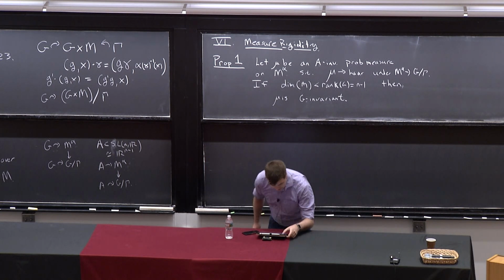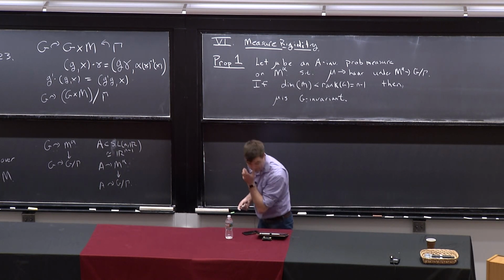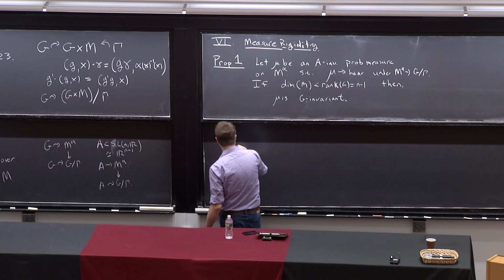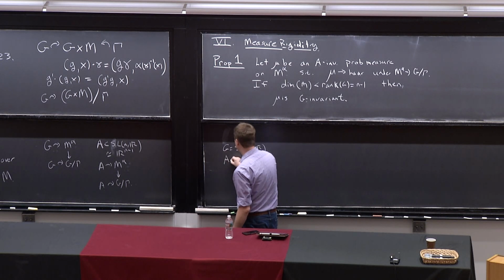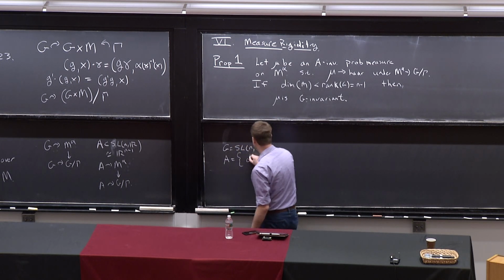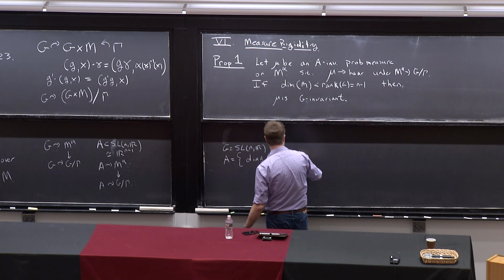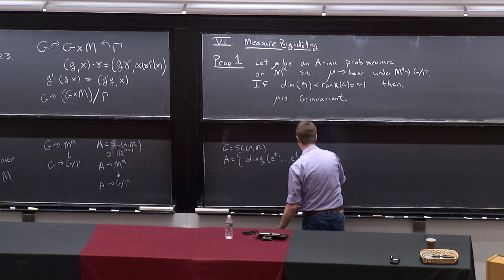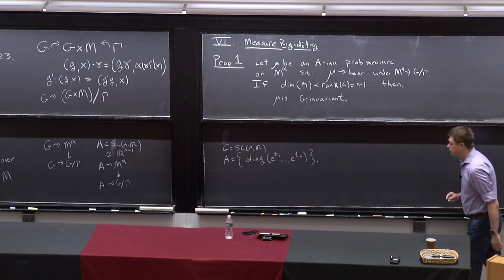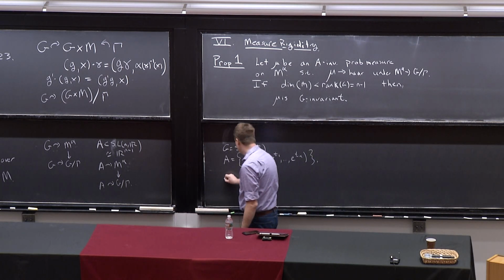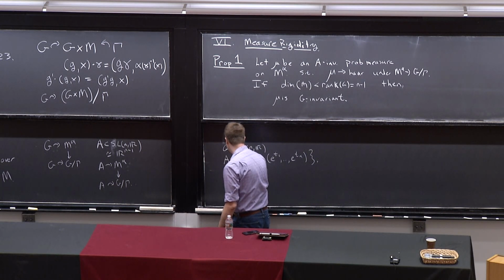So to tell you this story, I need to introduce a few things. So again, G is SL n R. A is my group of diagonal matrices, and so again, I write this as diagonal matrices with positive entries. And I have some objects which I think of as linear functionals on A, which I'll call beta ij.